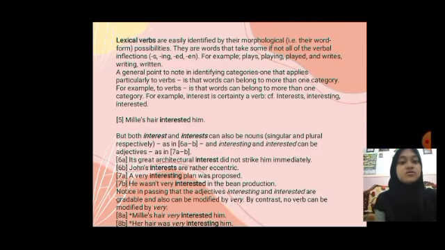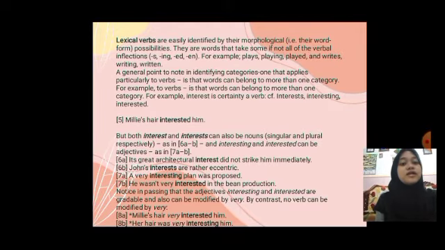A general point to note in identifying categories, one that applies particularly to verbs, is that words can belong to more than one category. For example, interest is certainly a verb: interest, interesting, interested. Example: Millie's hair interested him.